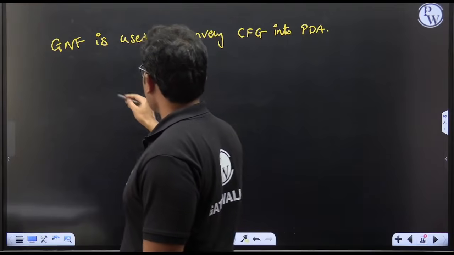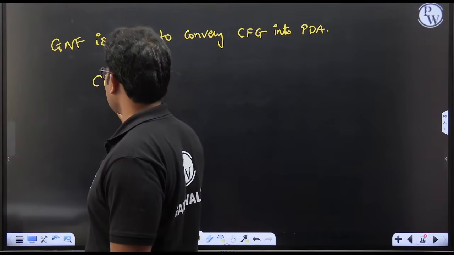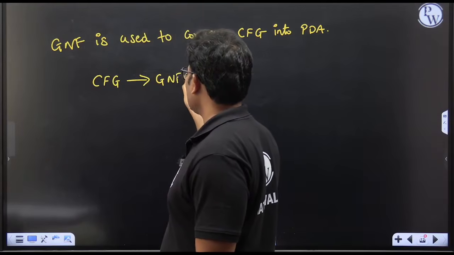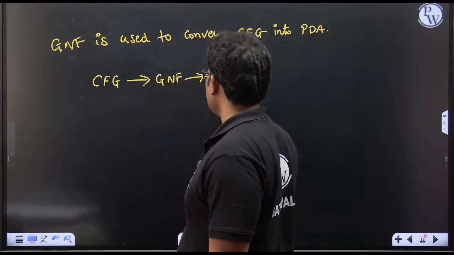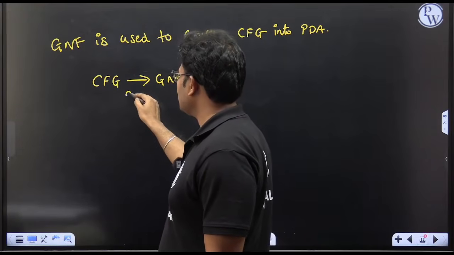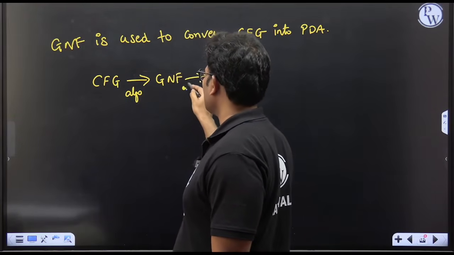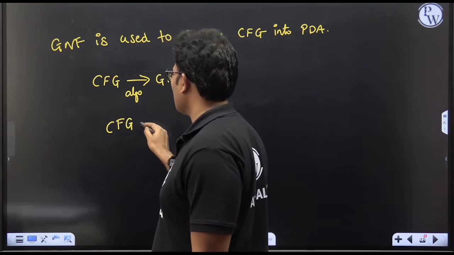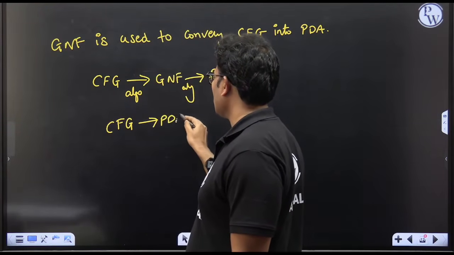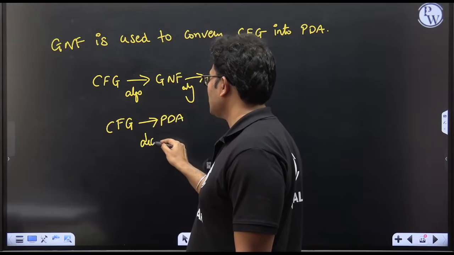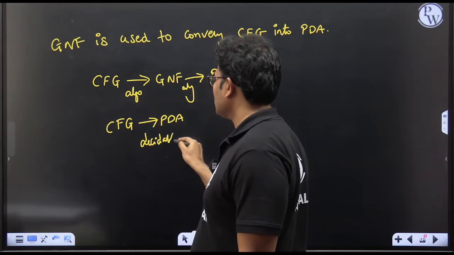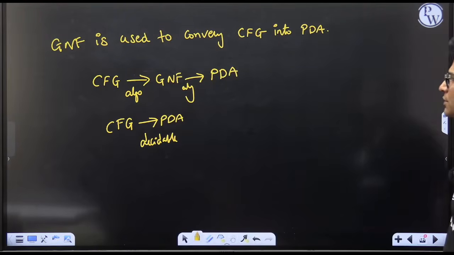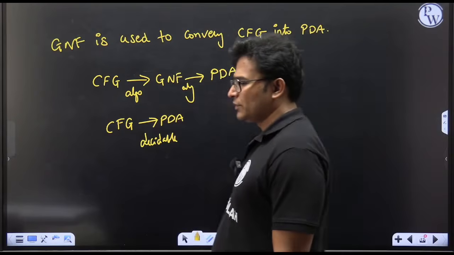Now we can take any context-free grammar and convert it into GNF, and we can take any GNF and convert it into a pushdown automaton. There is an algorithm for this. Therefore, this problem of converting context-free grammar to pushdown automata is decidable.